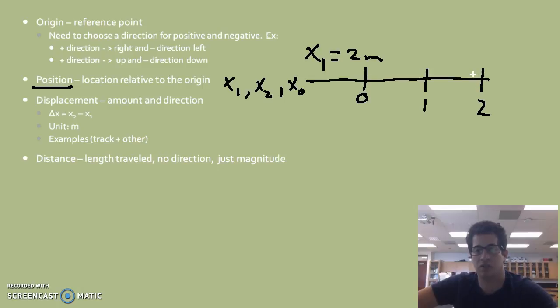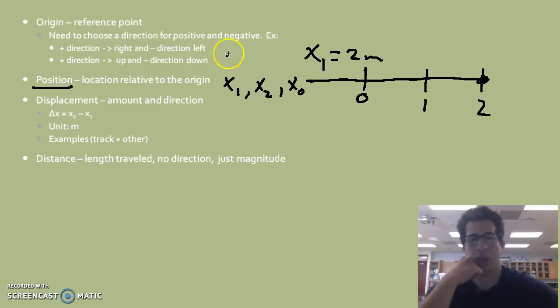So position is a vector, but we're just going to treat it as a point, and this is probably really the only time we'll do this. Because we're going to be looking at how the points change, and it's easier to look at the change as a vector as opposed to the position itself. It will get a little bit overwhelming if we have all these arrows going all over the place. But we have a magnitude, 2 meters, and a direction to the positive.